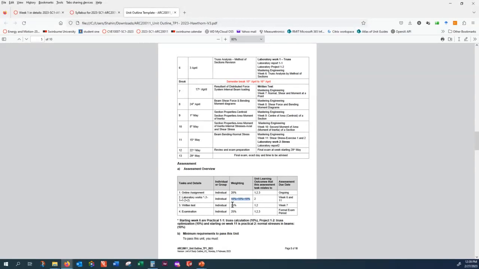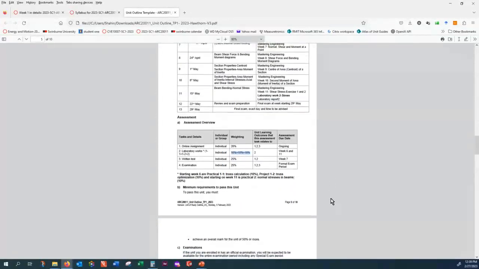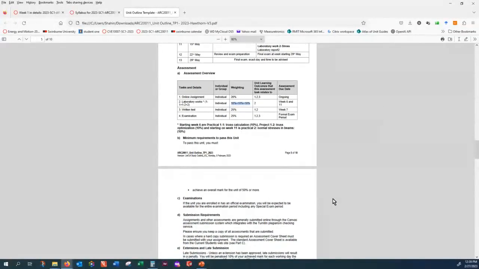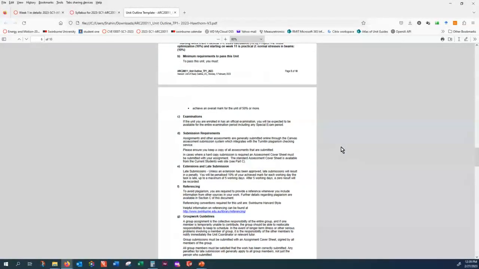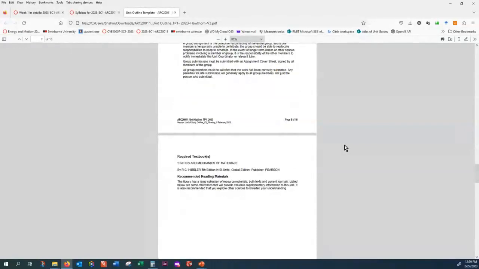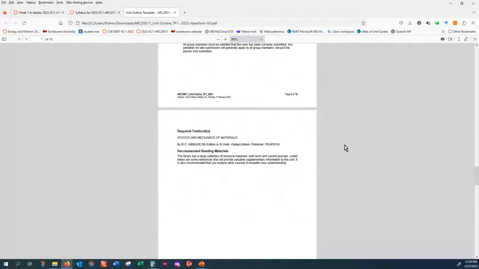But then on top of that is the mid-semester test, 25%, and final exam, 25%. So that hopefully has improved the subject, so you get an even greater result. But just keep in mind that this is true for every subject. If you engage, if you come to classes, there is no need for you to worry about this subject.